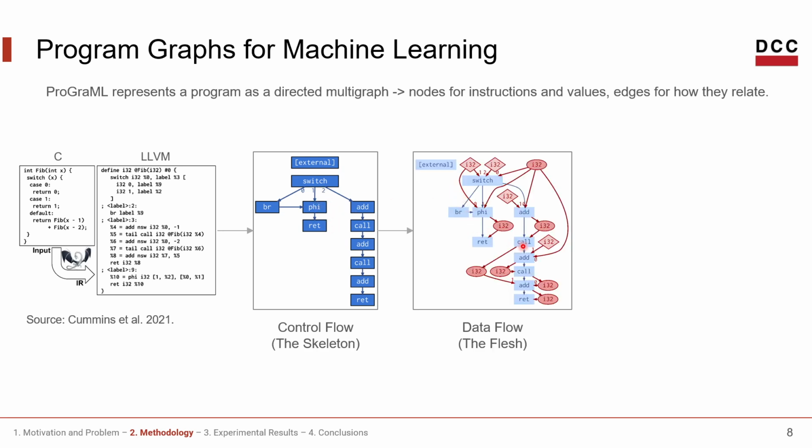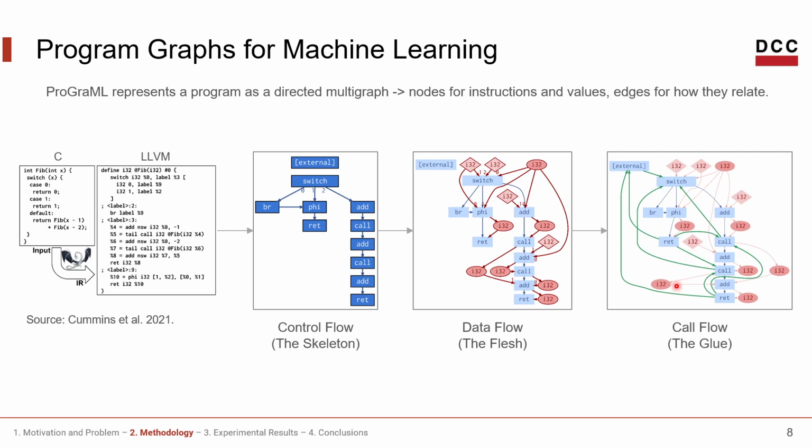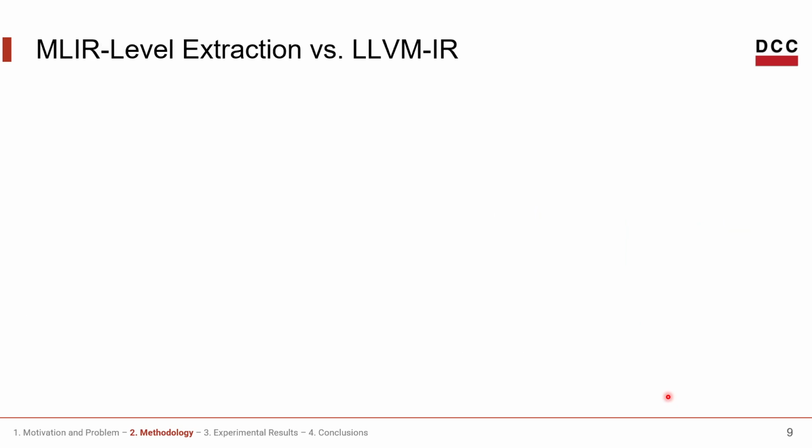Then the values used and produced by the instructions get added as nodes as well, the red ones that you see, connected by the red edges, the data flow edges. And finally, the call flow edges, the green ones, are added as well to make the connection between functions and the program. And so the program becomes a graph, which is what is fed to the machine learning models.